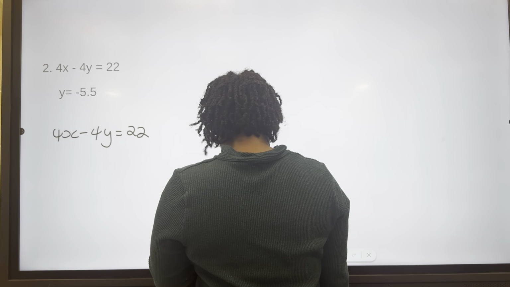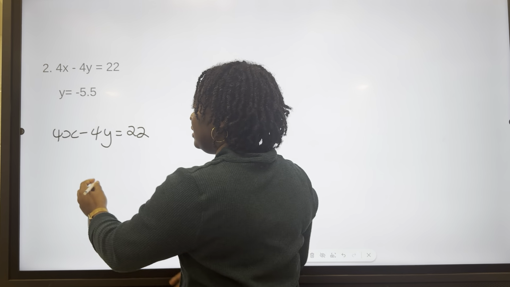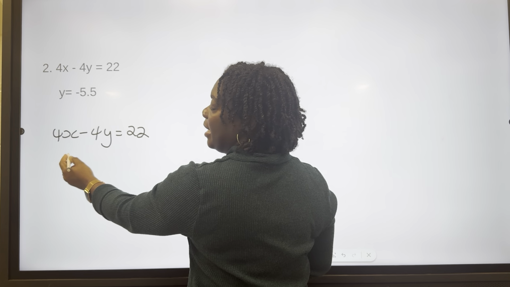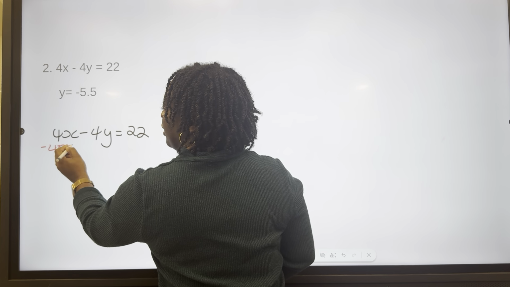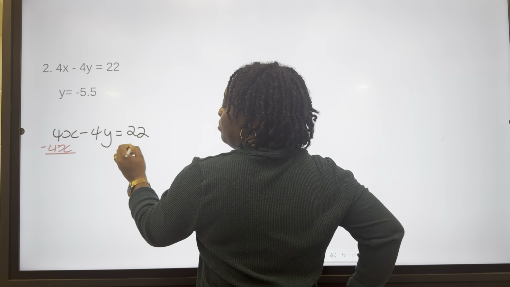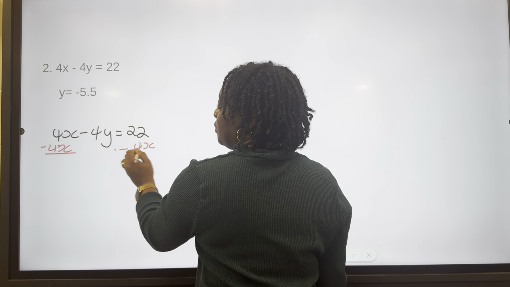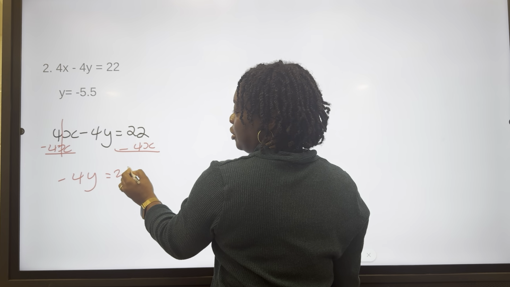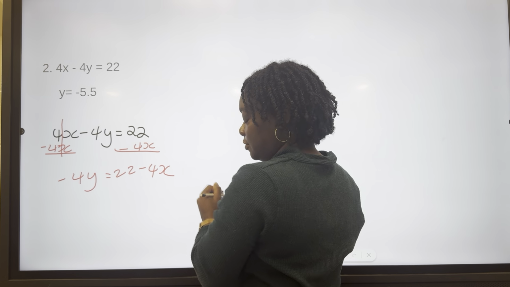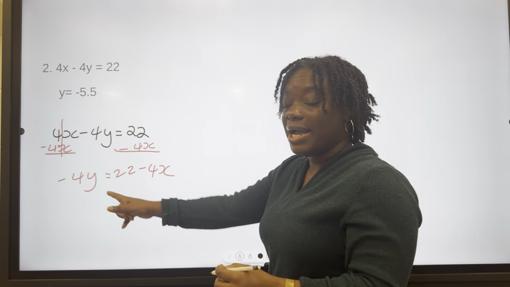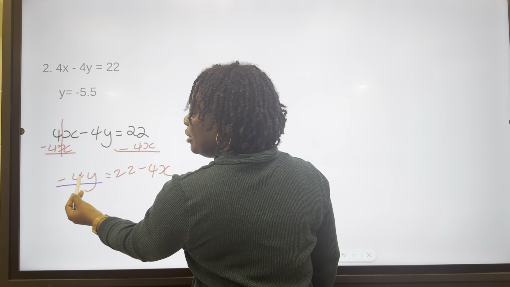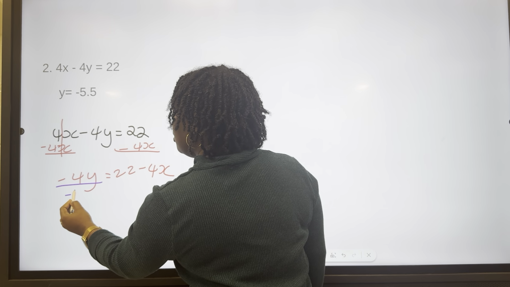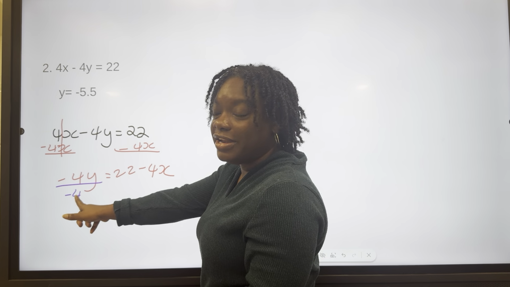So I want to eliminate my x to go over that side because we want to isolate my y. So I'm going to subtract 4x on both sides. So I'm left with negative 4y is equal to 22 minus 4x, right? And remember, we want y, so we're going to go ahead and do the inverse operation, which is to divide by negative 4.